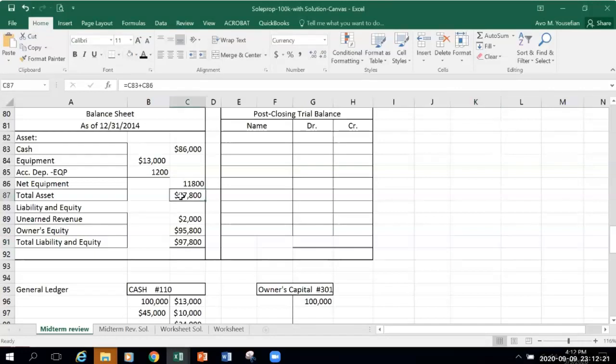For both sides, click on 97, push control, keep control pushed, click on 97, then click on the paint so you can paint it. Here we go. So my total asset equals total liability and equity.